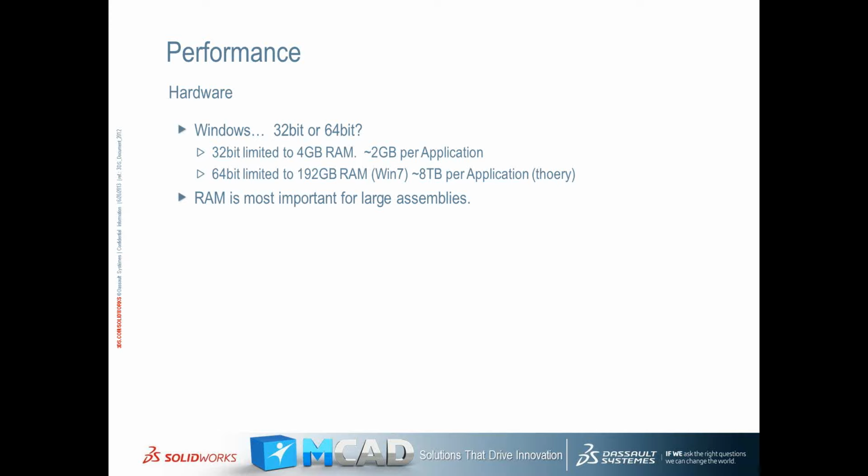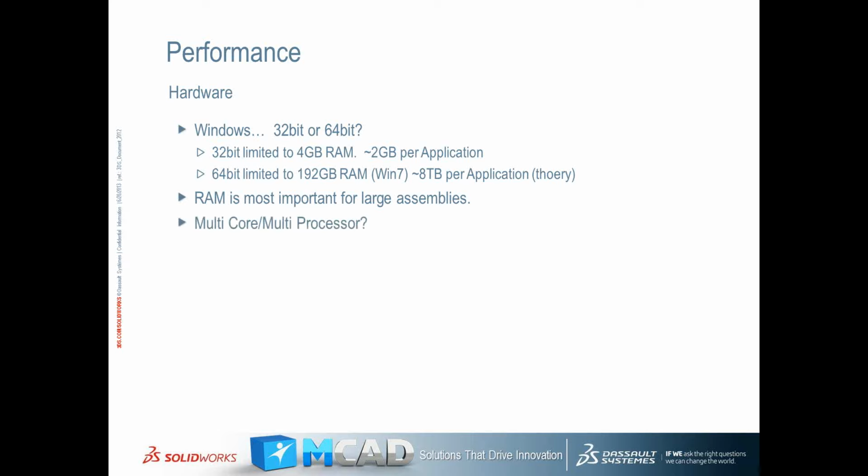Windows or Microsoft is still working on getting there, but you can see that the amount of RAM that Windows will actually take advantage of is significantly higher with 64-bit platforms. And with that, RAM is the most important thing when you're working with large assemblies and trying to get performance out of the computer.